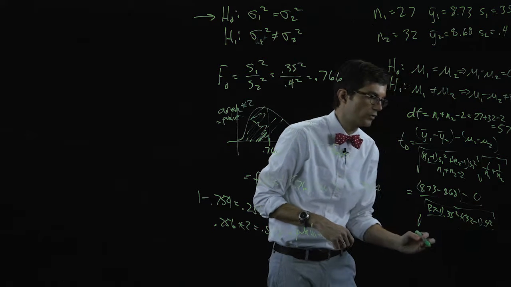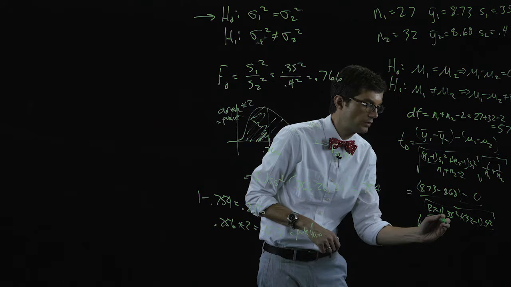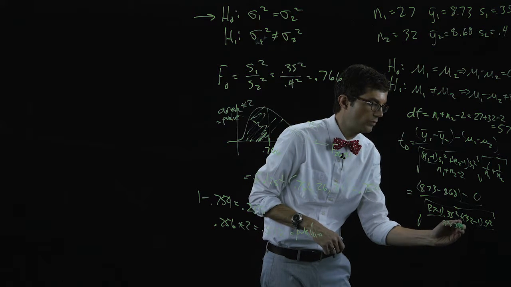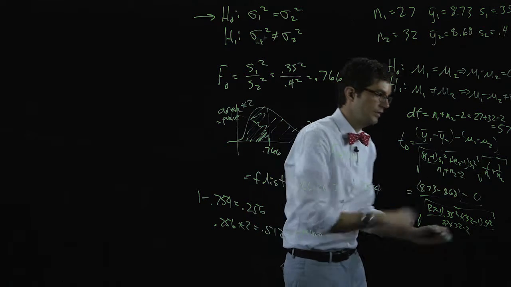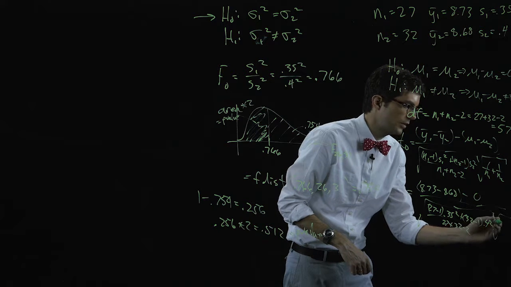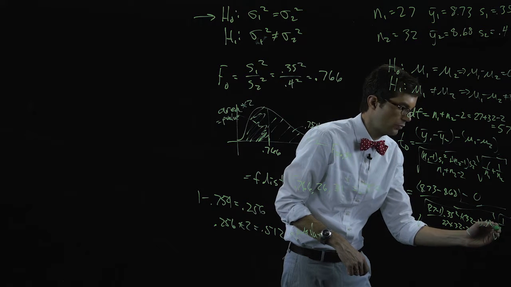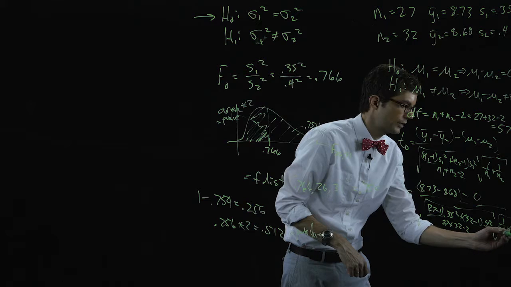All of that over n1 plus n2 minus 2. Then we've got to multiply that by the square root of 1 over 27 plus 1 over 32.